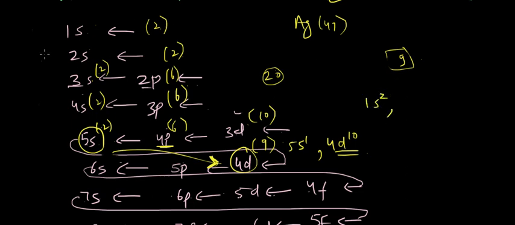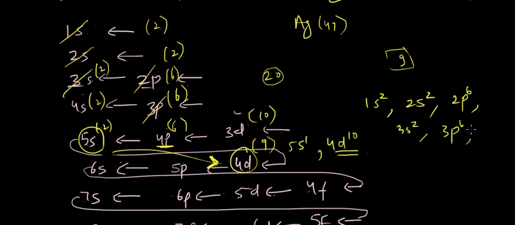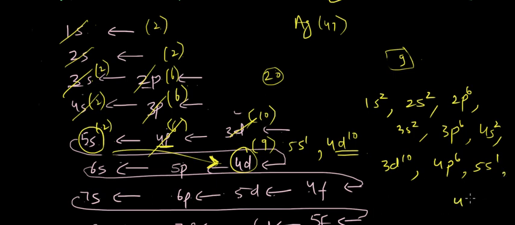So 1s2 here, 2s2 here, 2p6 here, 3s2 here, 3p6 here, 4s2 here, then 3d10 here, then 4p6 here, then 5s2 here, not 5s2, 5s2 converted into 5s1, and gave 1 electron to 4d9 to become 4d10.